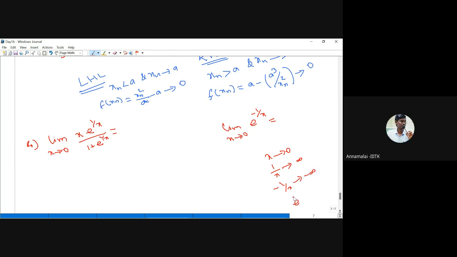Then e power minus 1 by x is near to e power minus infinity. What is the value?